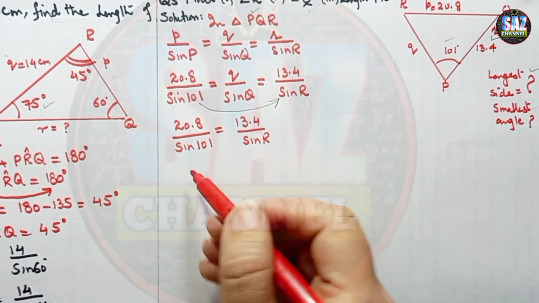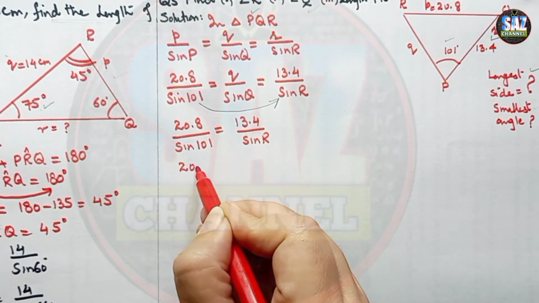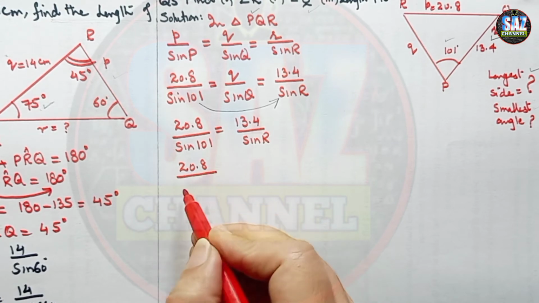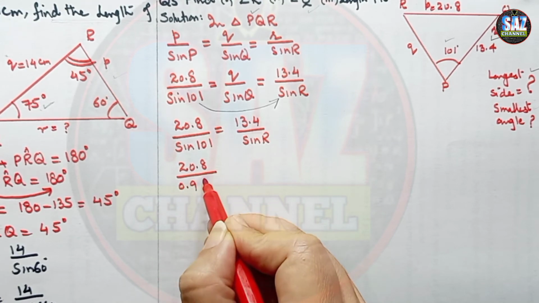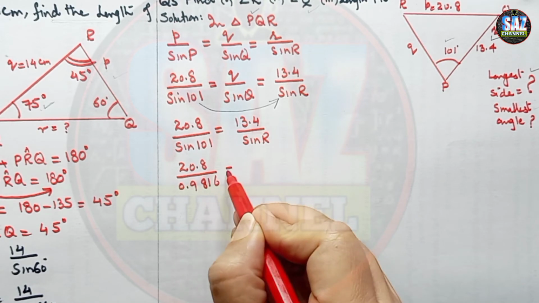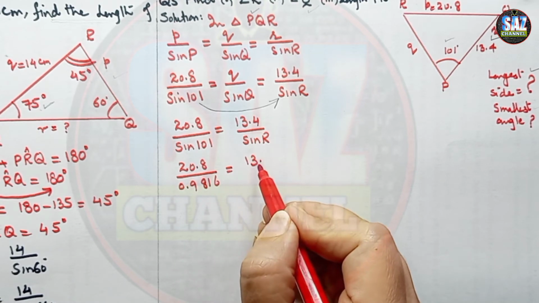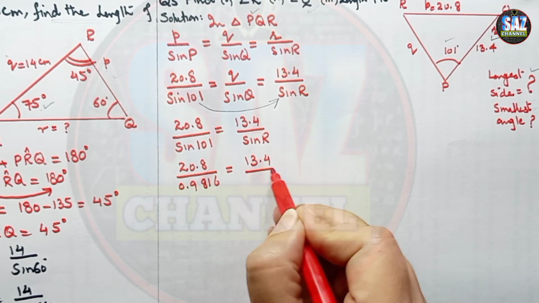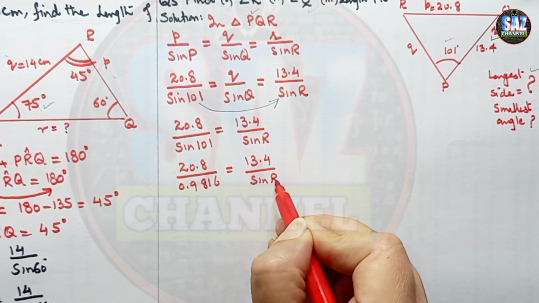This gives me 20.8 upon 0.9816 equals 13.4 upon sine R.